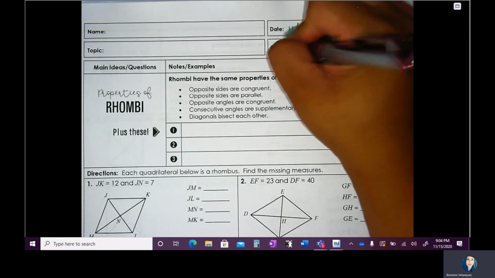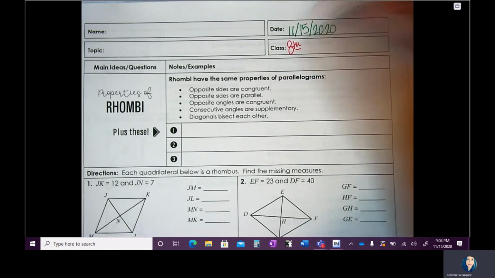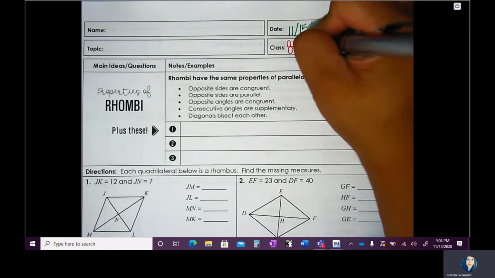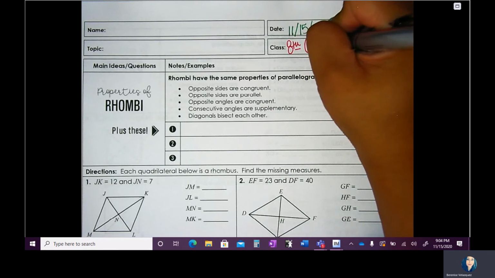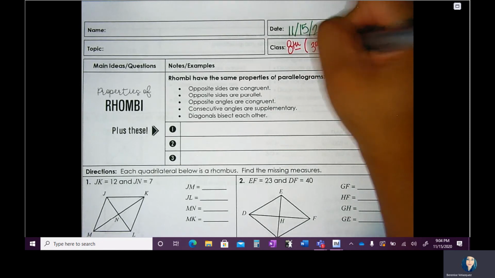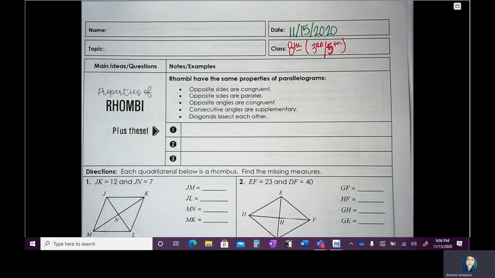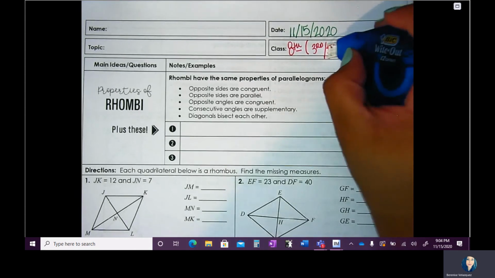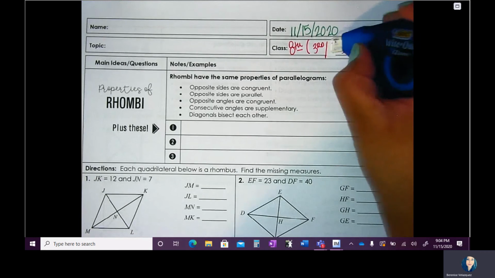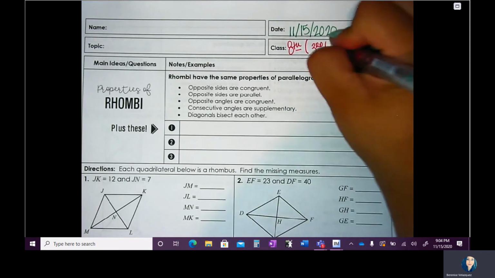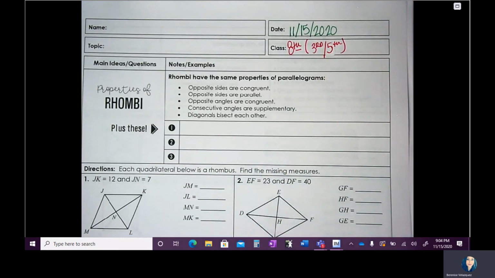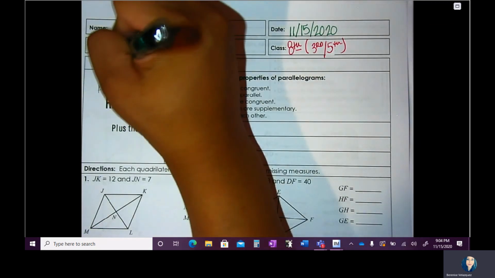Assuming that this is only going to be used in 8th period, I'm going to put 8th, but I am going to put in parentheses 3rd and 5th as well, because I might possibly have to show this to 5th period since I do have a doctor's appointment. If I'm not done by the time 12:30 rolls around, I'll have to stop and show the video. Okay, put your name, and then again, the topic that we're doing is quadrilaterals.